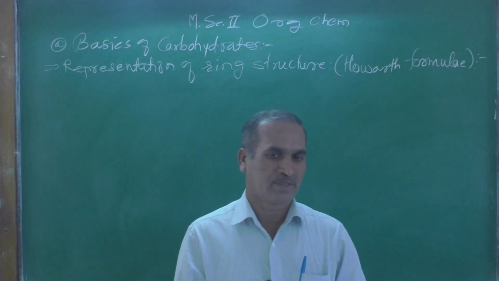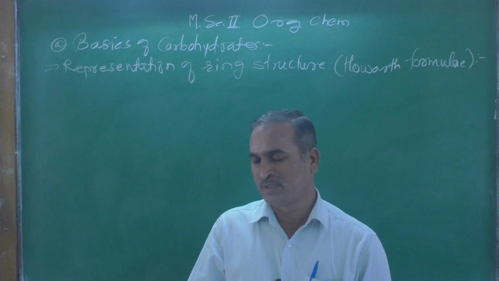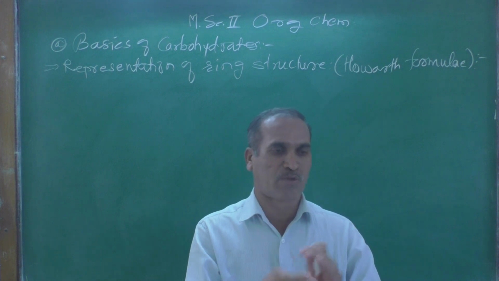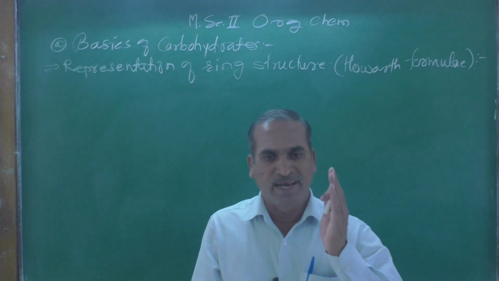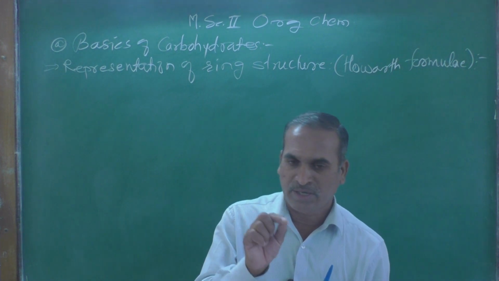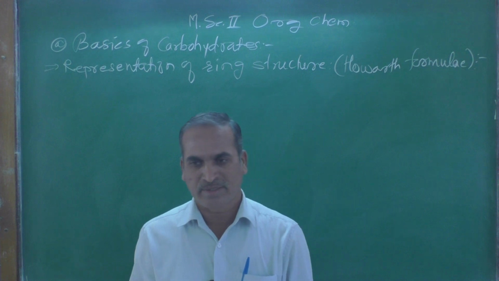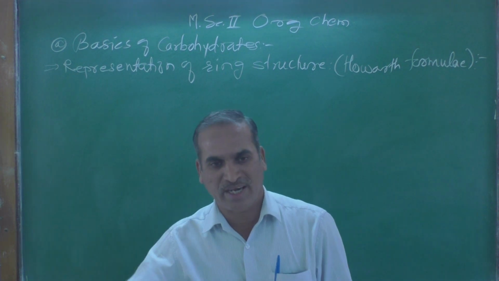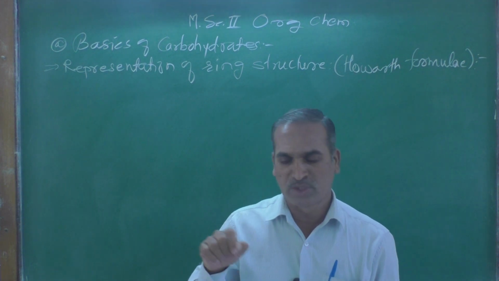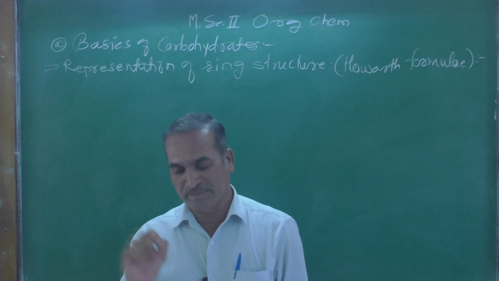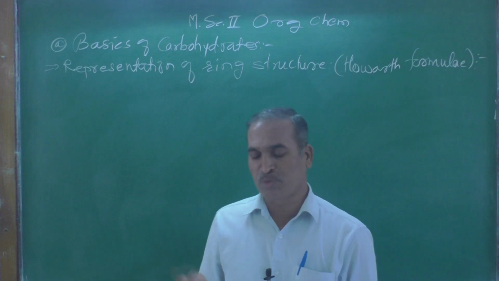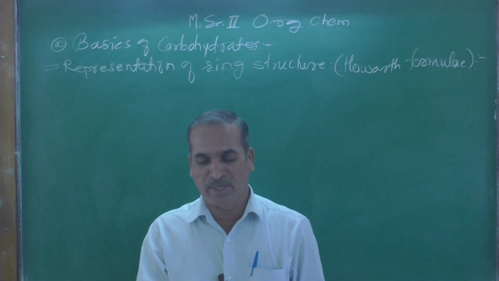So that point you can remember here: from the Fischer projection formula, the groups lying on the left hand side are taken above, and the groups lying on the right hand side are taken below the horizontal ring. That is the main important point you should keep in mind.